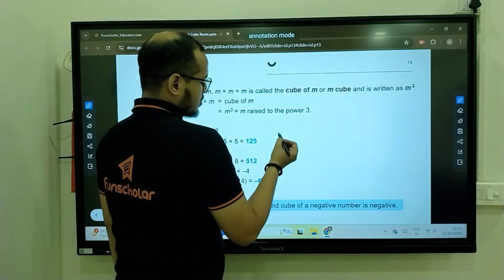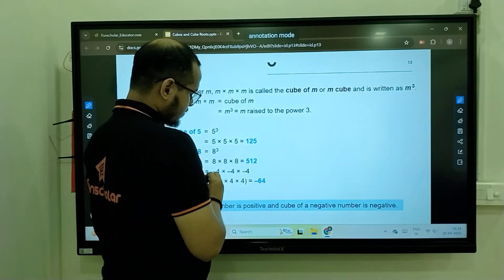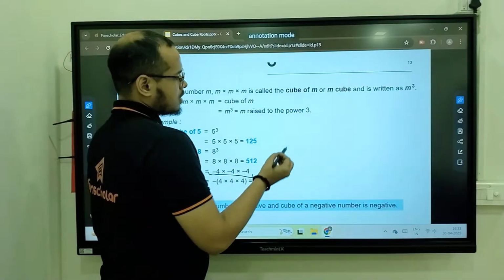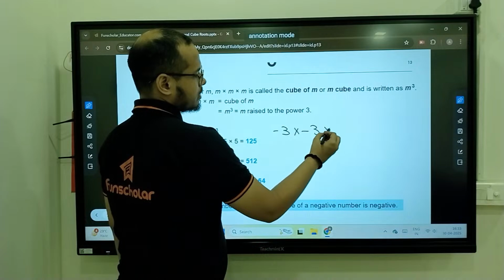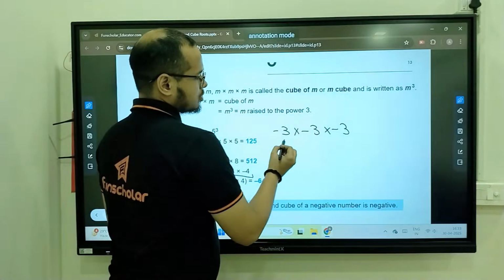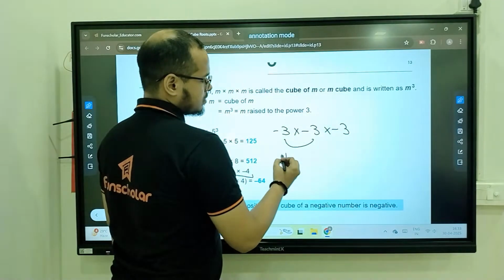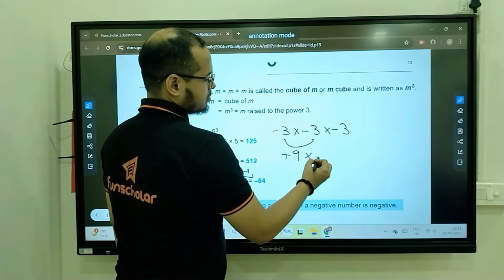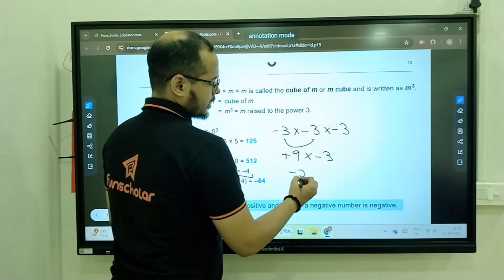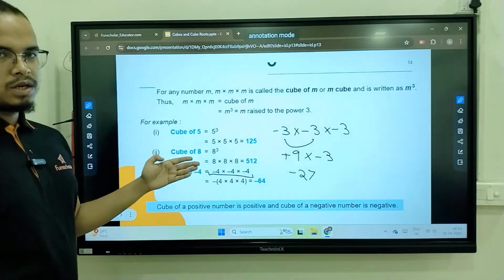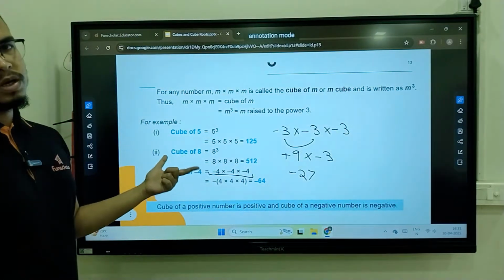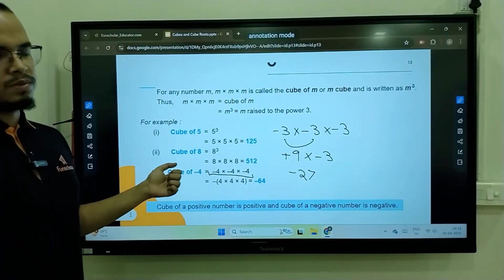If I have the cube of minus 3, that is minus 3 into minus 3 into minus 3. Minus 3 into minus 3 gives plus 9, and plus 9 into minus 3 gives minus 27. So negative cubes are possible, but negative squares are impossible.